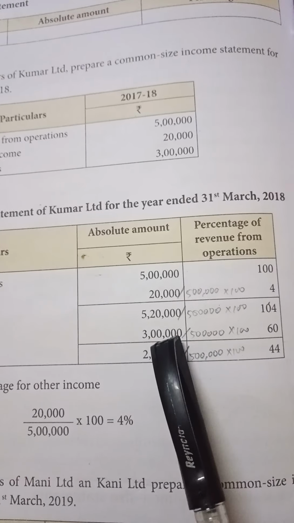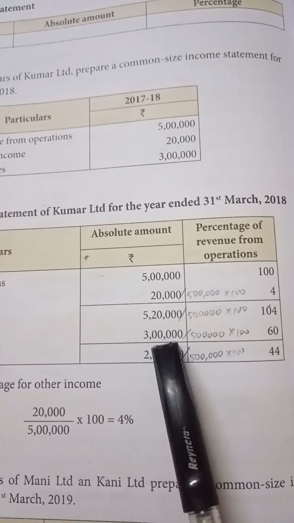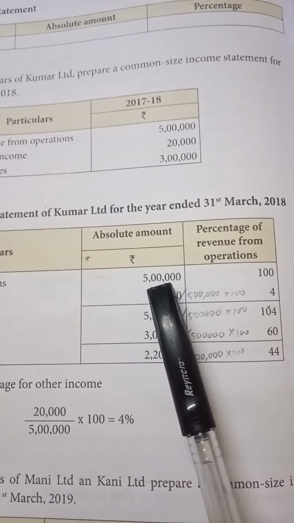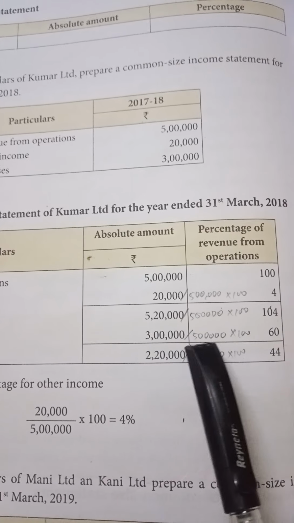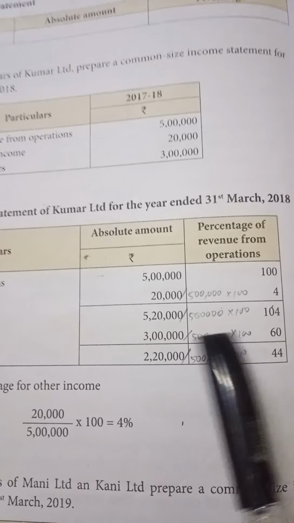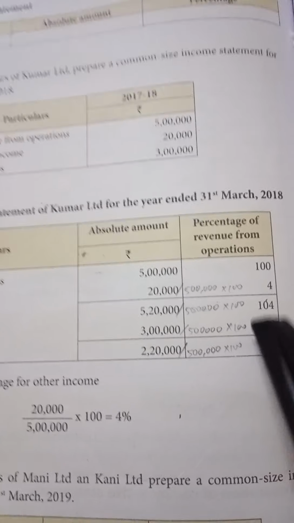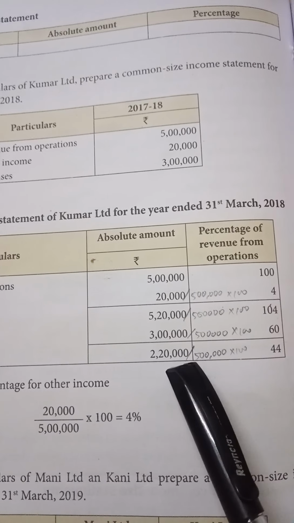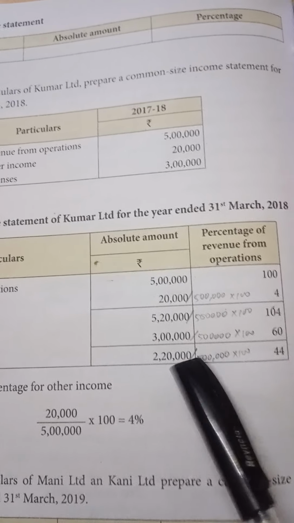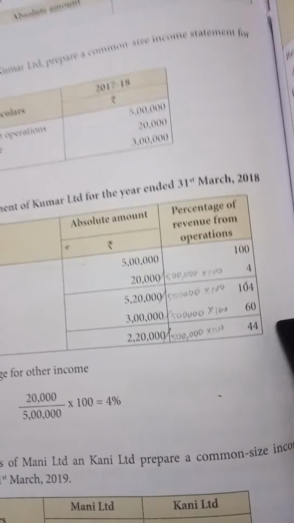Then the next row has rupees 3 lakhs. 3 lakhs divided by your revenue from operations amount, which is 5 lakhs, into 100, which is going to be 60 percent. Then you have the last row as 2,20,000 divided by again 5 lakhs into 100, so you get 44 as the percentage.